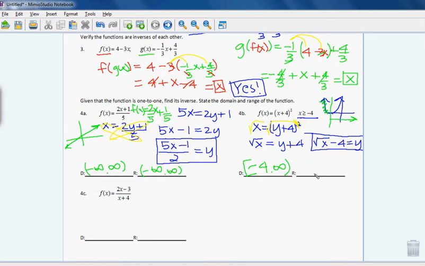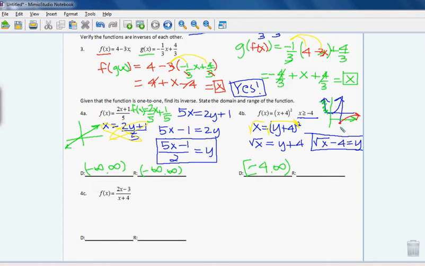Okay, so now if you think about this, x is under the square root sign, which it can never be a negative number. Or if you were to graph this, you could go down to -4, and you have your arm, which is starting right on 0. We're just going down to -4, and we're drawing our arm.